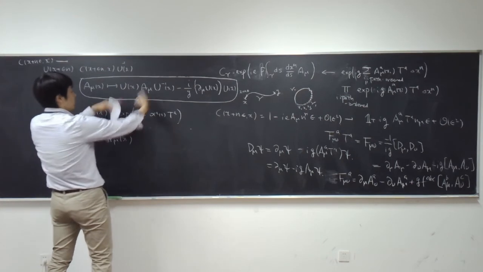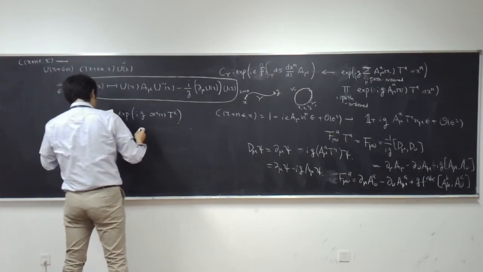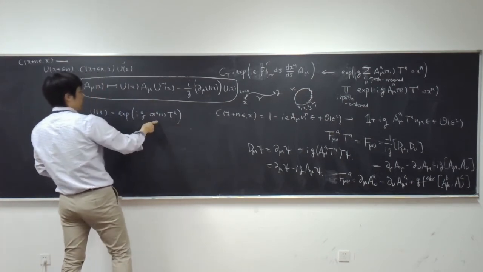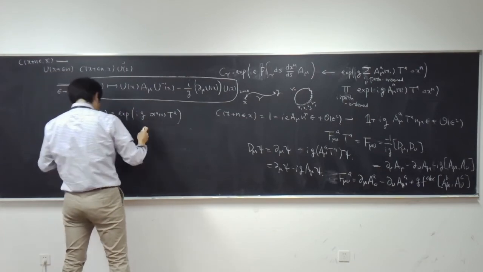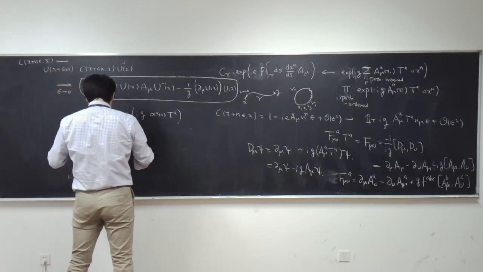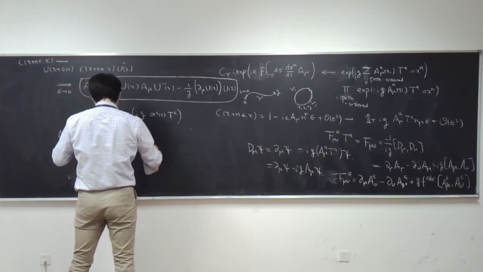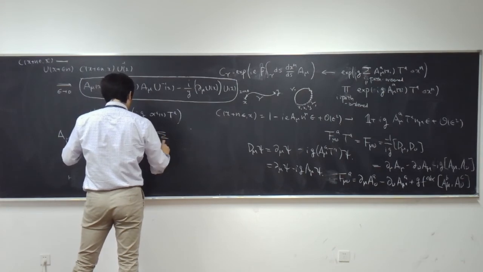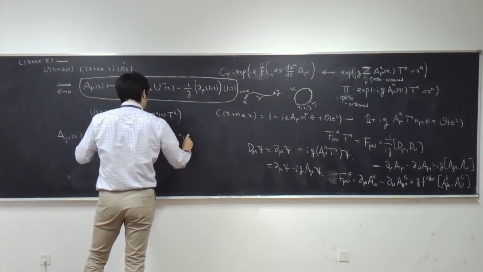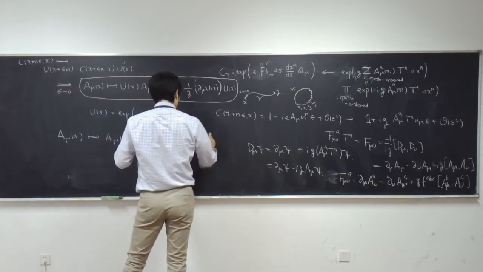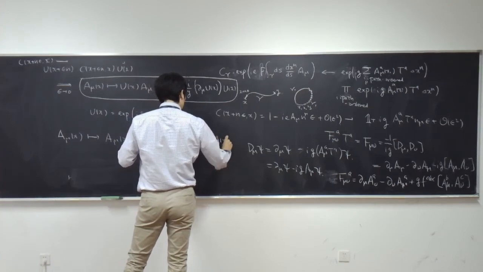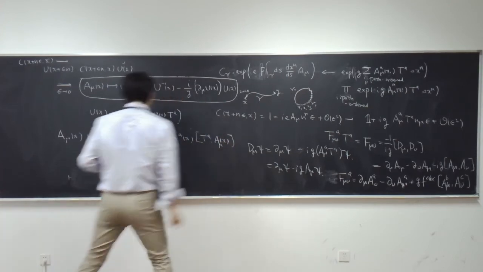Indeed, this is the adjoint representation, minus the sum over a of alpha^a of x T^a of x.